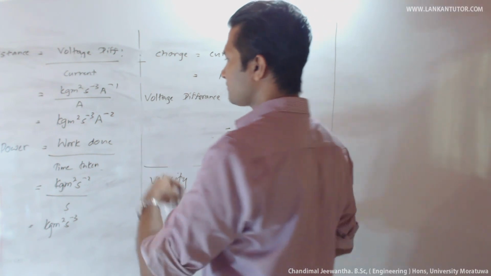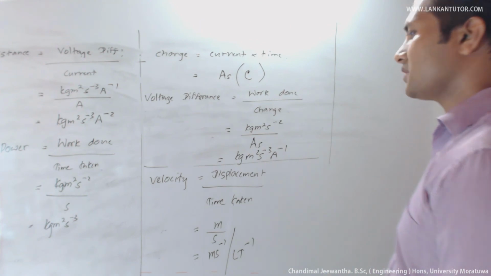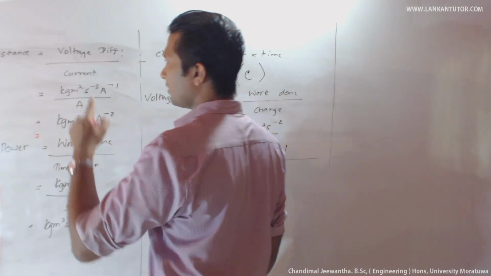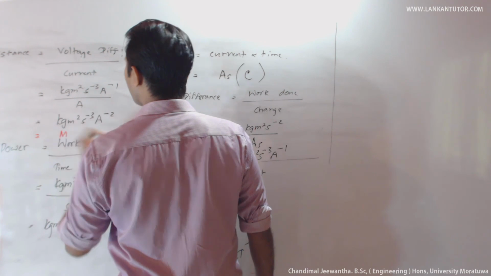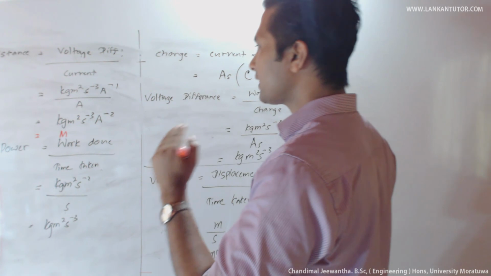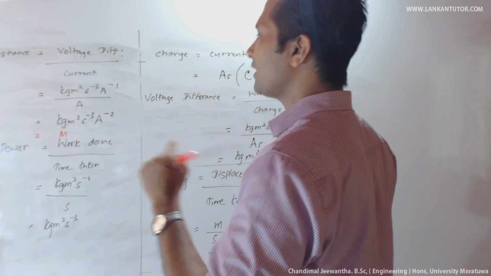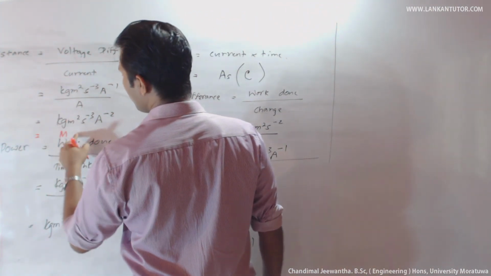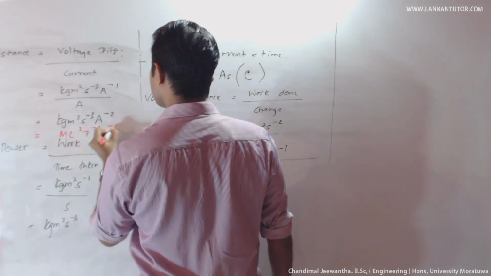We can find the dimension of these physical quantities. What are those dimensions? Under resistance, it should be the voltage difference. It should be M L^2 T^-3 I^-1 divided by capital I. Therefore, the final dimension should be M L^2 T^-3 I^-2.